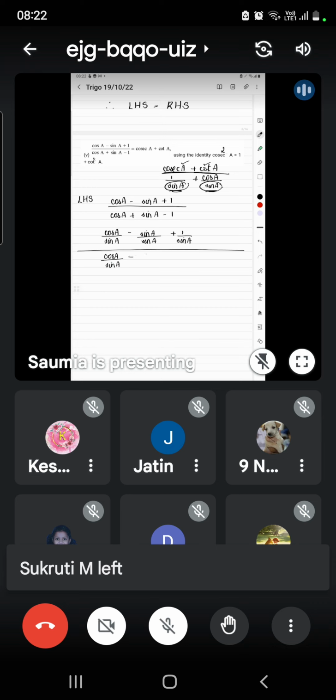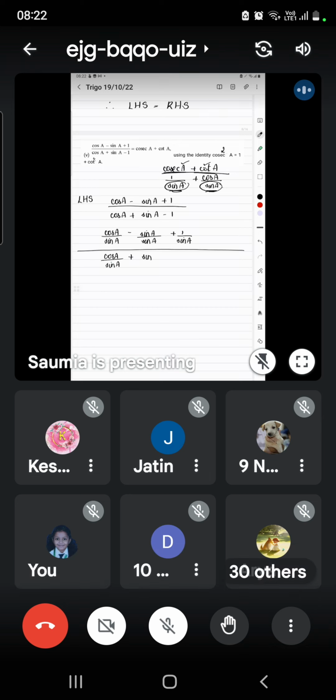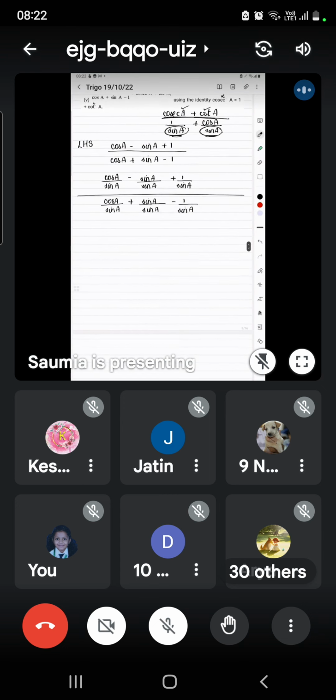Why am I doing this? Because my RHS contains cosec and cot. And cosec and cot have denominators as sine. So I chose to divide my LHS also by sine. Okay. Now, can I bring cot A? Can I write this as cot A?